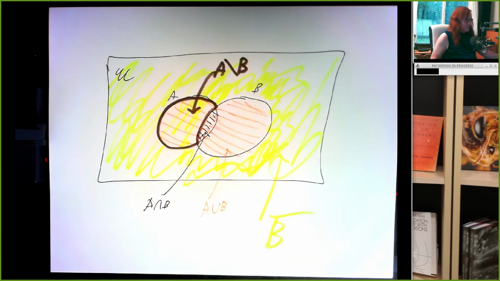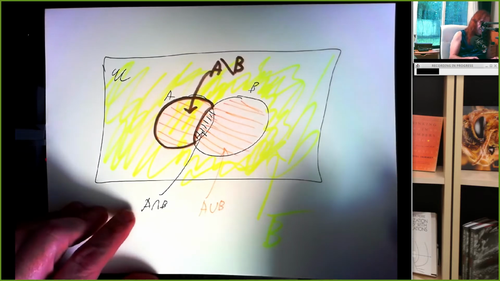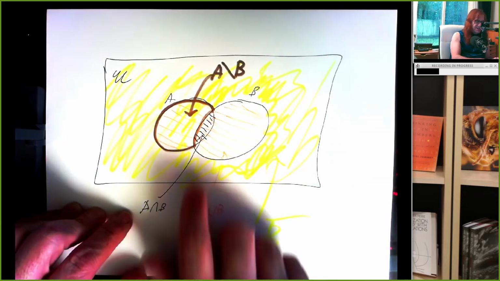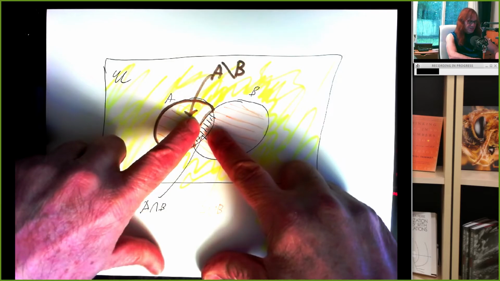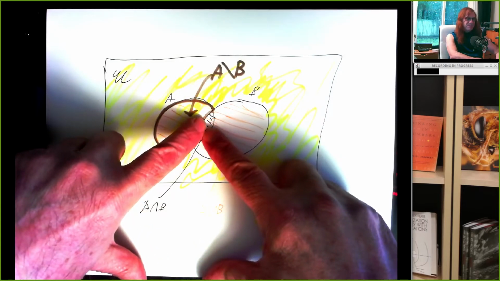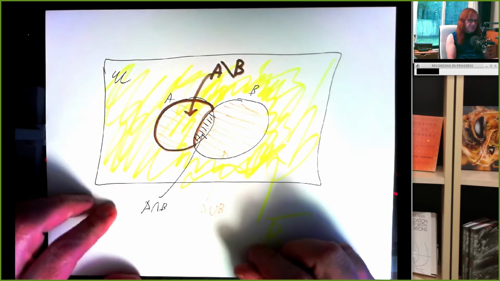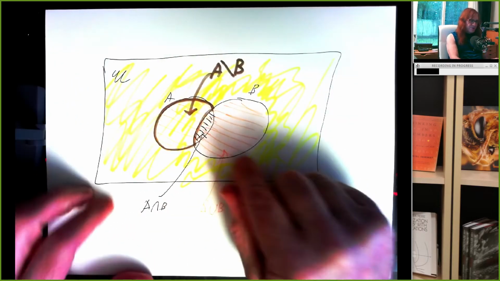So Venn diagrams are a useful way to think about and understand and explore some of these set operations. Again, we can't prove things with this, but for example, we can get the idea that the number of things in A intersect B is probably no bigger than the number of things in A. In fact, it's got to be less than or equal to, because we're starting with A and we're throwing away things.